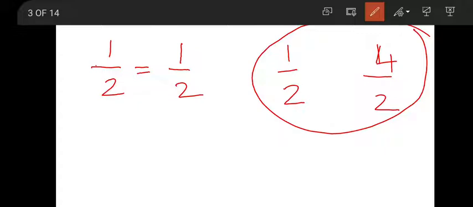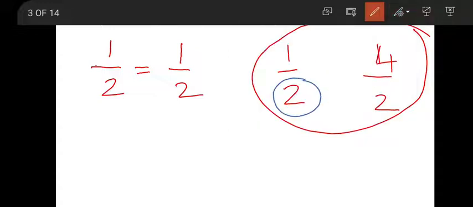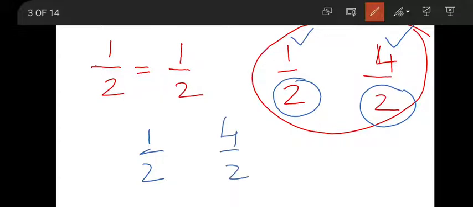Here we have to see the denominators of both the fractions. The denominators of both the fractions are equal, that is 2. So at this time we'll compare the numerators. Here 1 and this fraction carries numerator 4. So which is greater? The 4 is greater. Therefore, in these numbers given, 4 upon 2 will be the greater one.